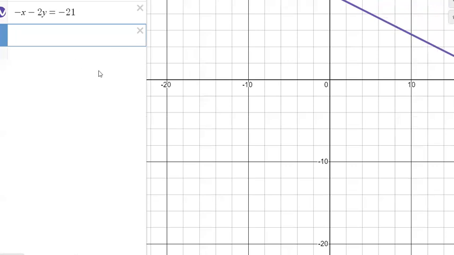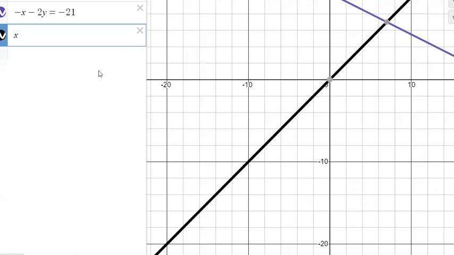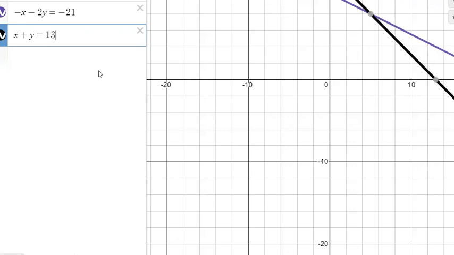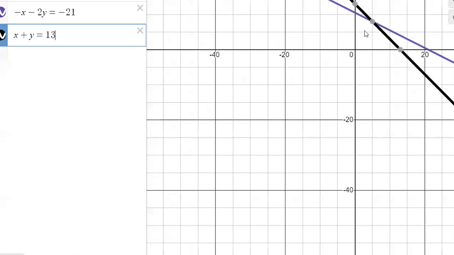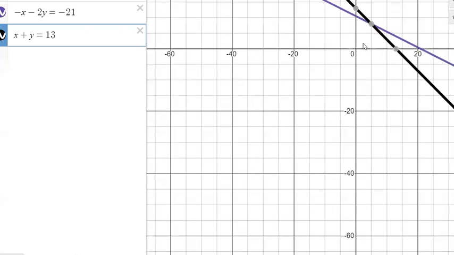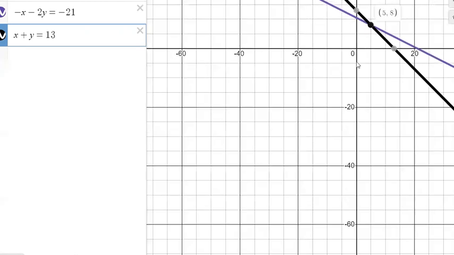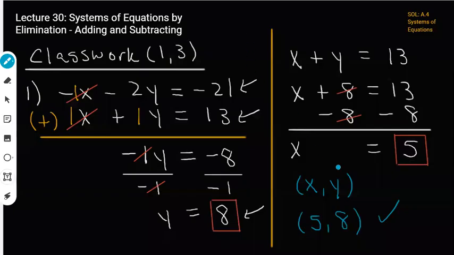My bottom equation was x plus y equals 13, and that's going to be that black line. Wherever these two lines cross is going to be your solution. And my solution for this one is going to be 5, 8. That's exactly what I got right here, 5, 8. So that's a really cool way that you can check your answer.